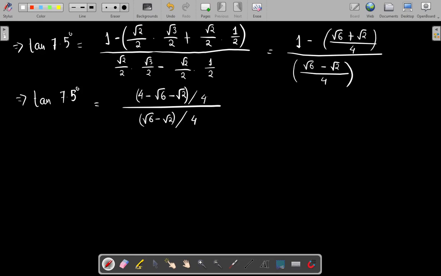We can cancel off these 4s, so we are left with 4 minus root 6 minus root 2 upon root 6 minus root 2. So far so good.